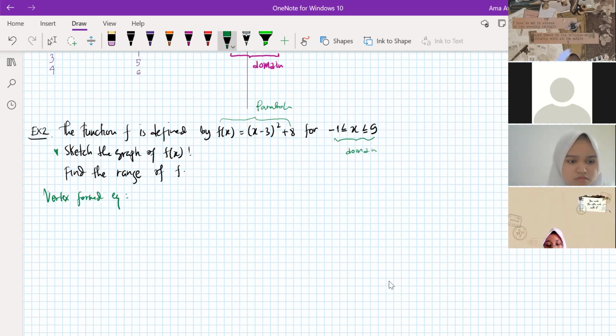So y, or here f(x), equals a(x minus p) squared plus q.